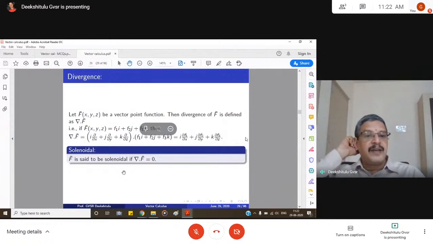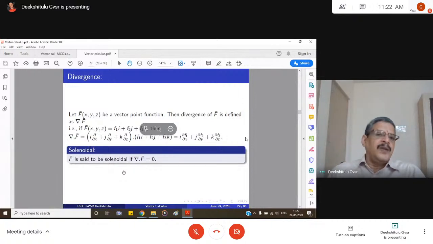Then comes divergence. So we have defined three types of products here. If f is a scalar point function, then grad f gives the gradient. If f is a vector point function, then the divergence is del dot f bar, the dot product. That means a scalar product, so the output is a scalar quantity.